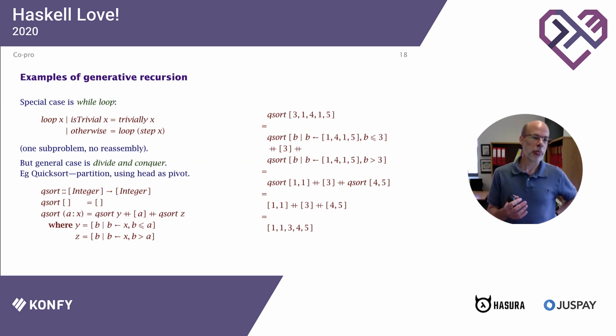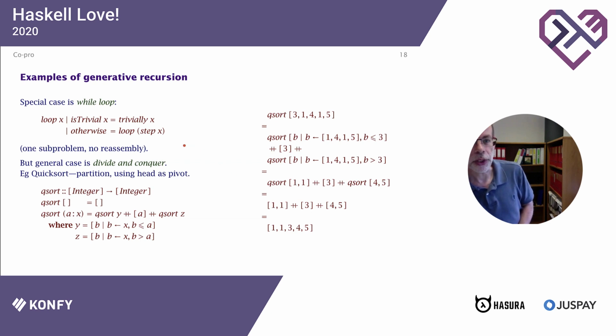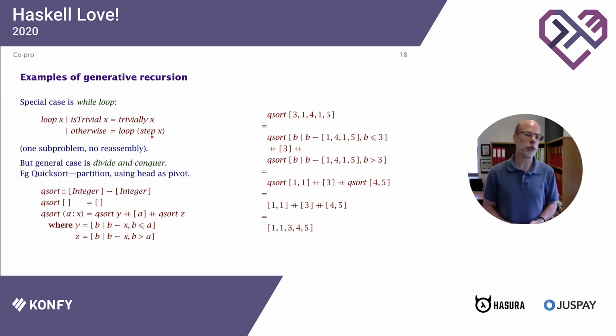But in the case where there's only one subproblem and no reassembly required, basically what you've got is a while loop. So here's a program loop. When x is trivial, you solve it trivially, and otherwise you do one step on x and then continue the loop on that stepped value. So that's an instance of generative recursion, because the computation that yields the subproblem is more than just a projection.